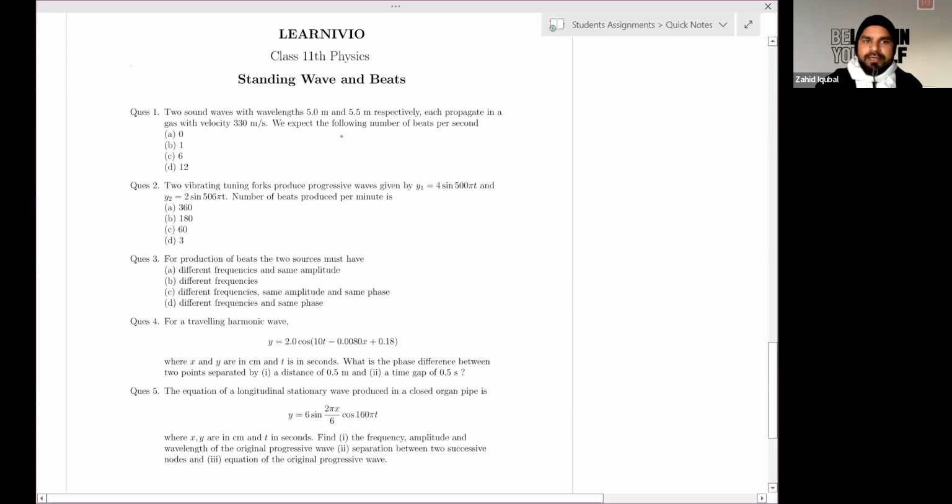In the first question, we have two sound waves having wavelengths 5 meter and 5.5 meter. Lambda 1 is 5 meter and lambda 2 is 5.5 meter. Each is propagating in a gas having velocity 330 meter per second. We have to calculate the number of beats per second, which is also called beat frequency.